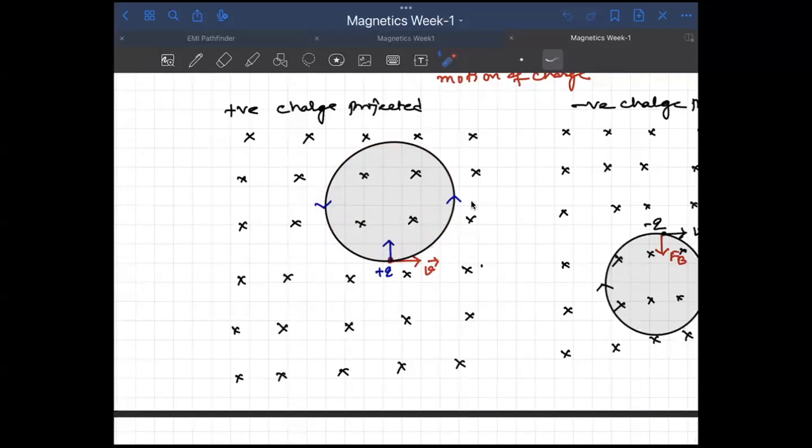Remember, magnetic force does zero work. Why? There is no change in kinetic energy. Then what is the role of magnetic force? I told you magnetic force does zero work. Palvita, what is the role of magnetic force then? Aditya, what is the role of magnetic force then?